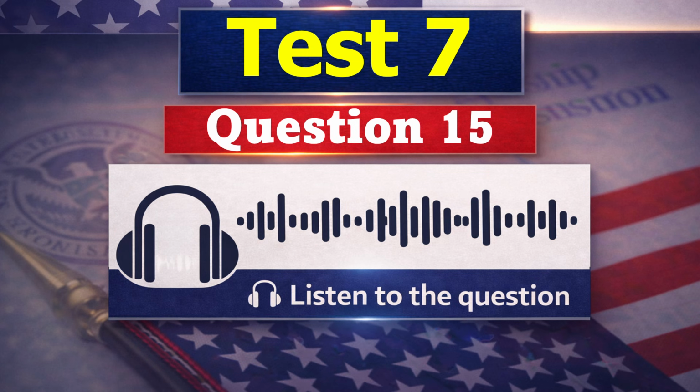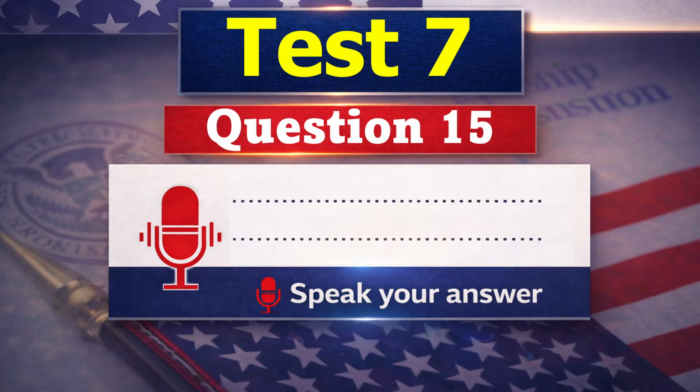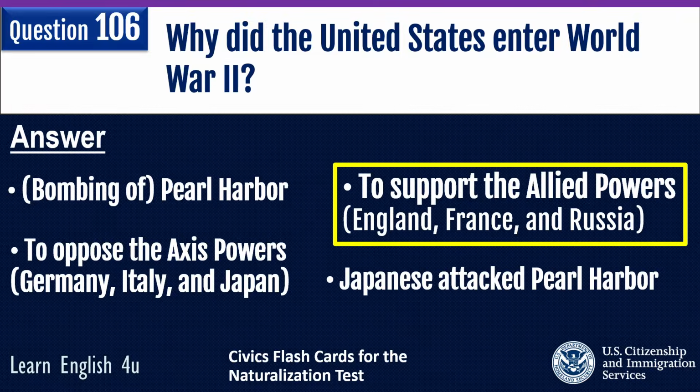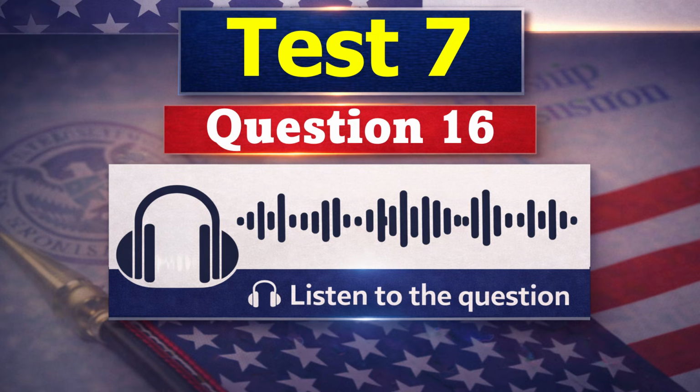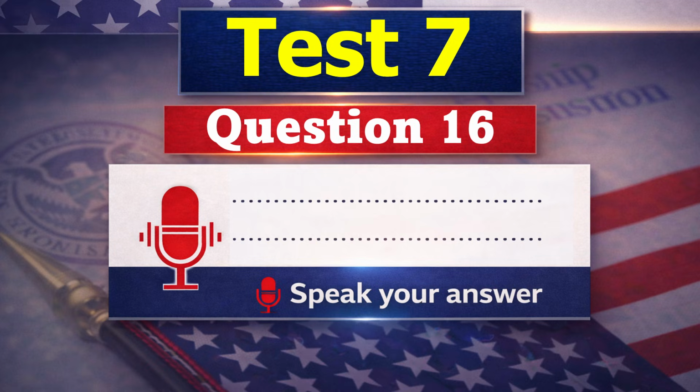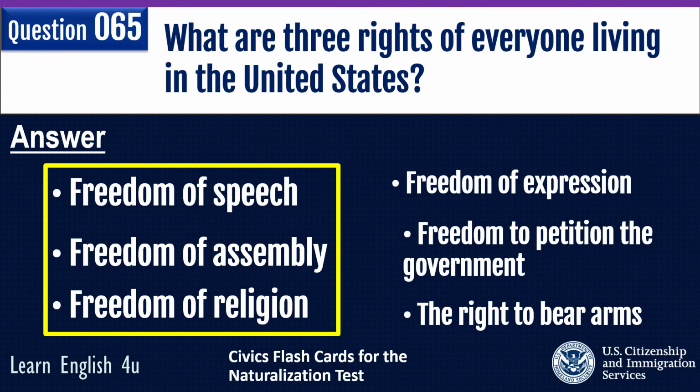Why did the United States enter World War II? To support the Allied powers. What are three rights of everyone living in the United States? Freedom of speech, freedom of assembly, freedom of religion.